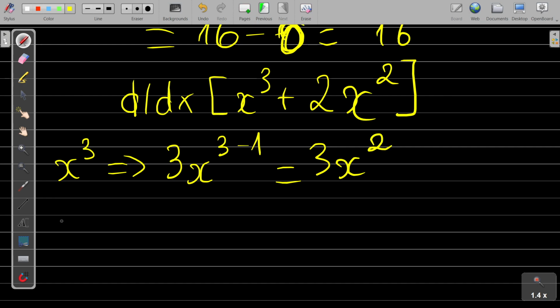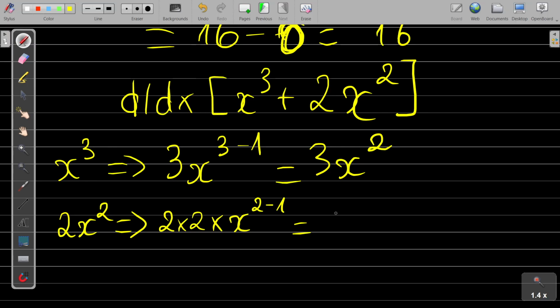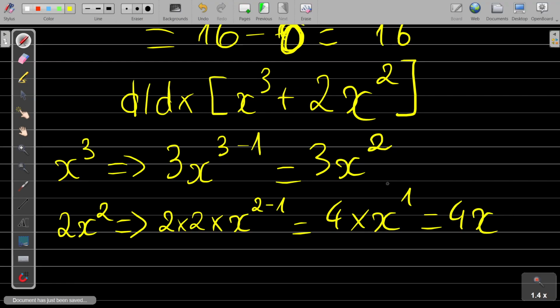Continue for the next term, 2x squared. We bring the current power down, so 2 multiplied by 2 multiplied by x, and subtract 1 from the power. We will have 4 multiplied by x to the power of 1, which is 4x. So this gives us the form 3x squared plus 4x.